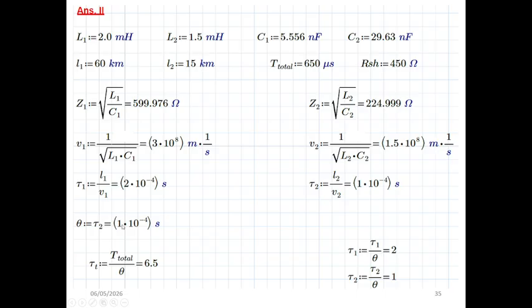And finally, the total observation time of 650 microseconds can be converted into 6.5 times the interval, which provides a convenient framework for tracking successive wave reflections and determining the cumulative overvoltage at different busbars.